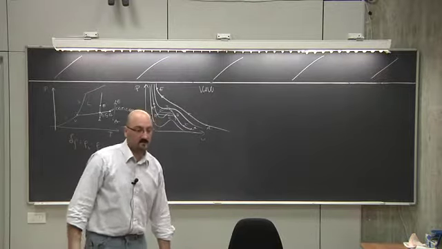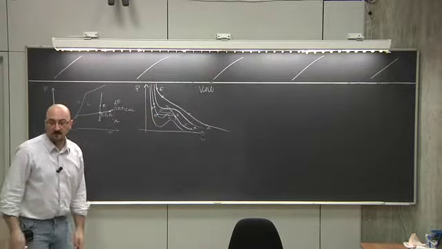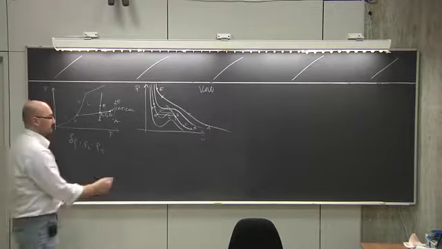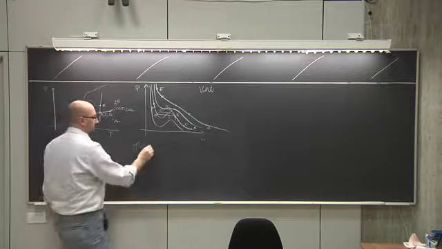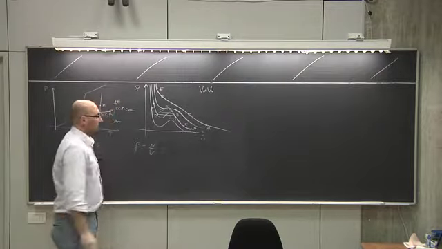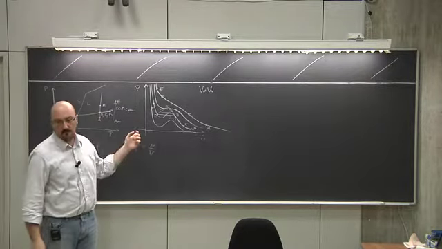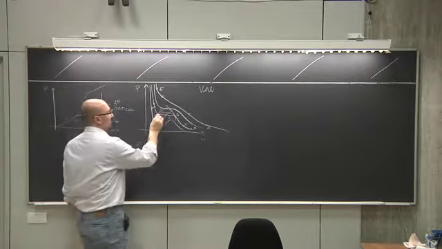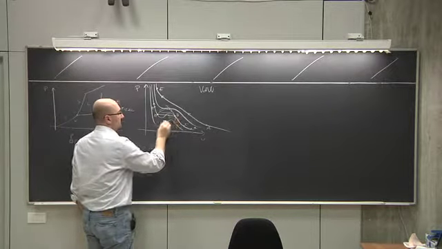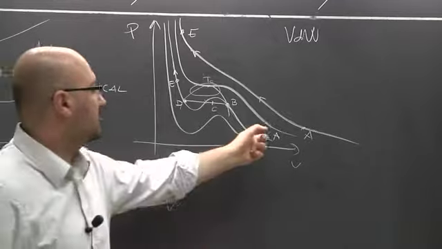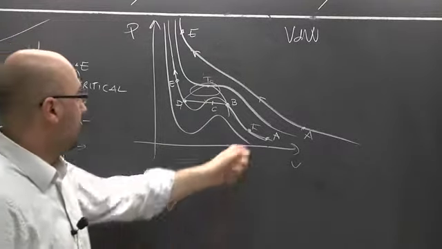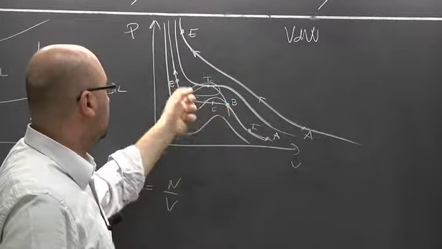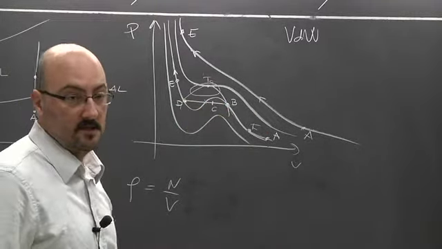This is a van der Waals gas. Rho is the number of particles per volume, right? So we read the volume. But where is all liquid at this temperature? In this line here. B, C, or D? D.